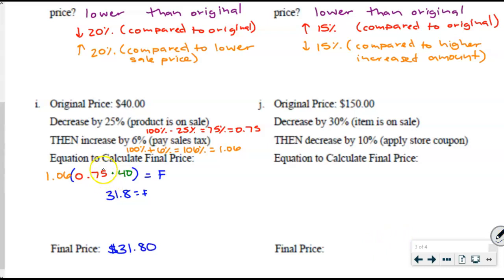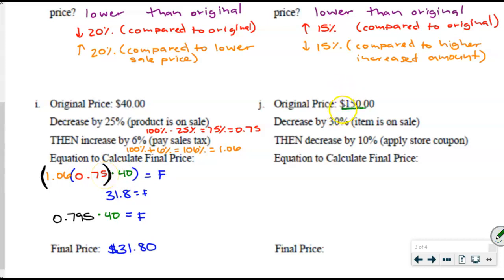Once again, if you choose to, you can complete this in one step, doing this multiplication first. 1.06 times 0.75 is the new constant of proportionality, 0.795, or 79.5% of the original amount. Or you can just do it as we wrote out that problem.